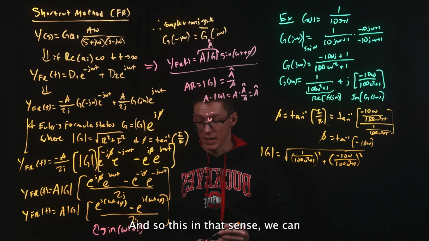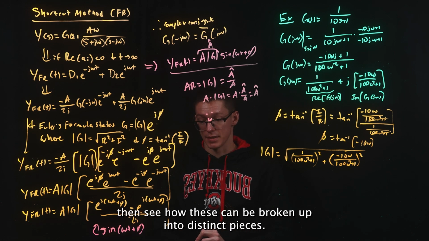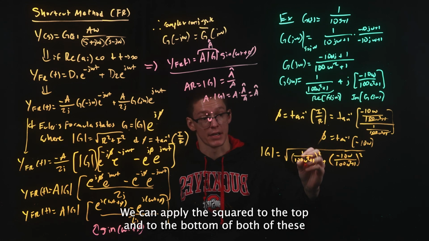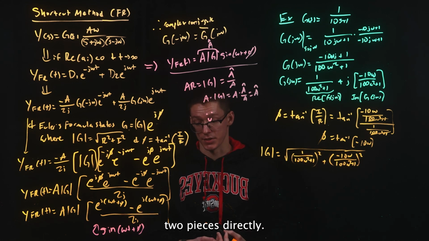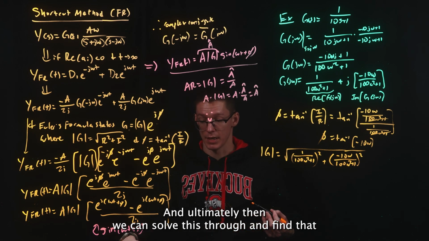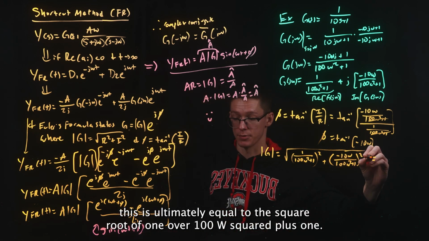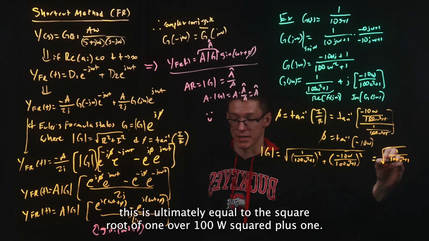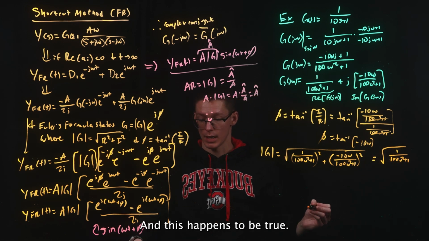And so in that sense, we can then see how these can be broken up into distinct pieces. We can apply the square to the top and to the bottom of both of these two pieces directly. And ultimately then, we can solve this through and find that this is ultimately equal to the square root of 1 over 100 w squared plus 1. And that this happens to be true.